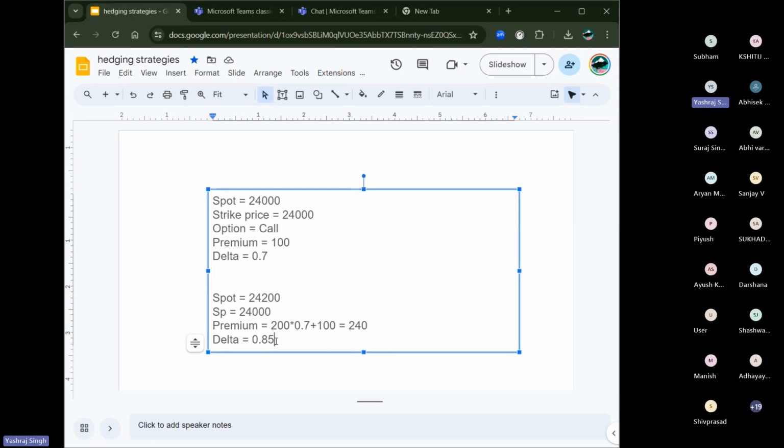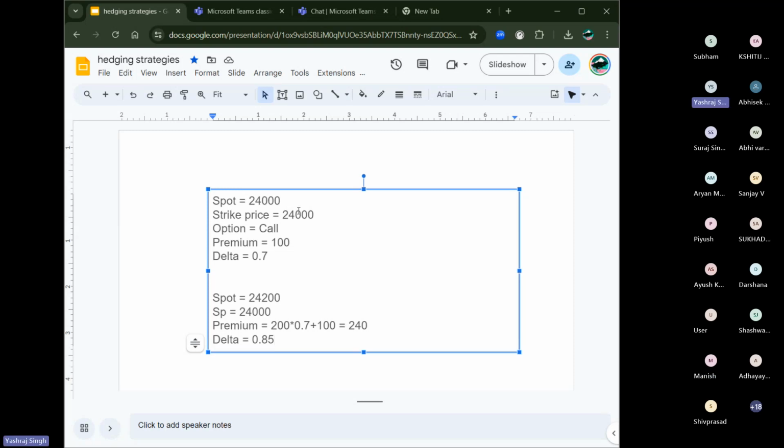This is the increment in the delta, because now we are moving above the strike price of the option, in the direction of getting it right. If you are proven right, there is a higher probability. See, intuitively, delta is nothing but the probability of an option staying in the money.